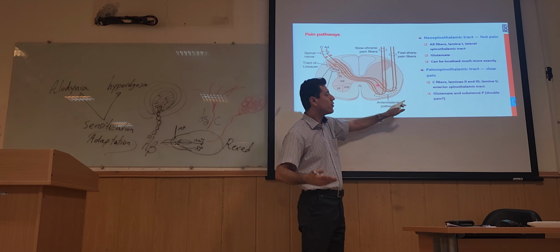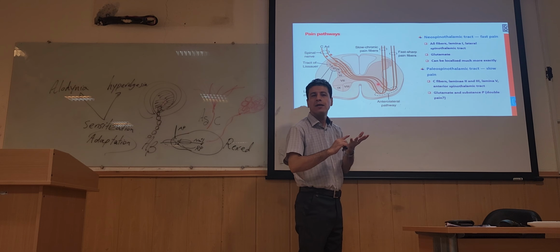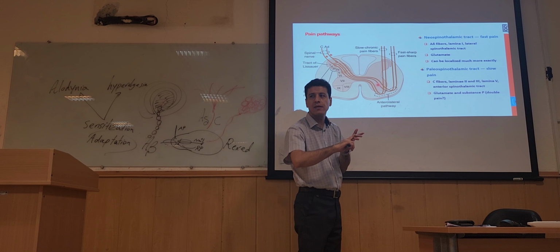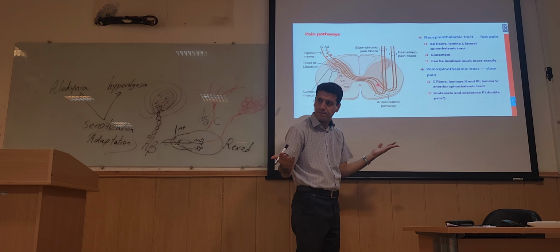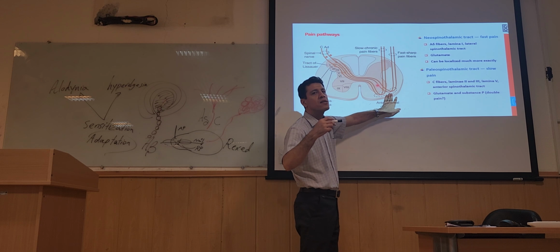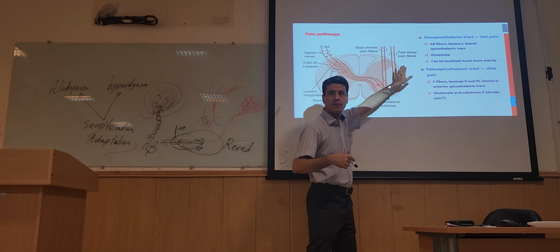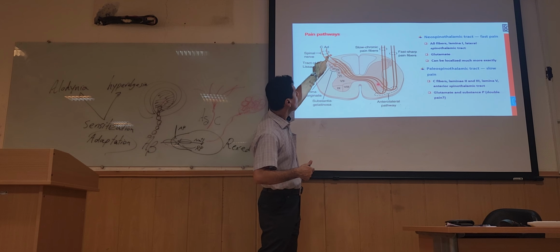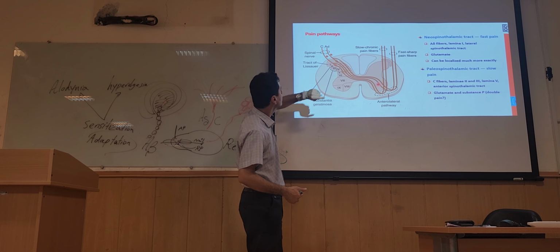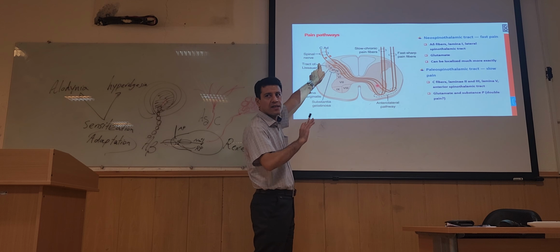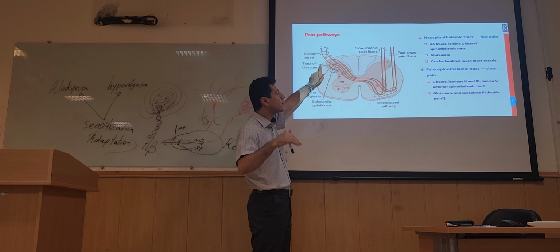So lateral anterolateral system, lateral spinothalamic, neospinothalamic, they are all the same. They are responsible for fast pain. Why? Because this pain is coming from A delta fiber.